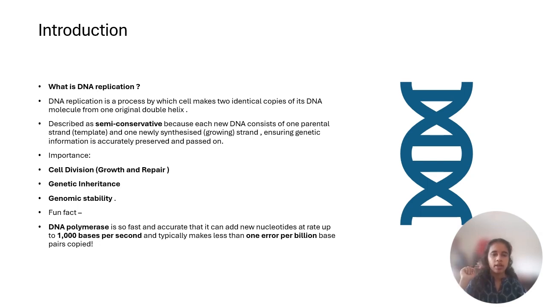All right, one fun fact. DNA polymerase is a key enzyme that is responsible for the addition of nucleotides. It adds new nucleotides so fast and so accurately that it can add up to a rate of 1000 base pairs per second, and it makes less than one error per billion base pairs copied.